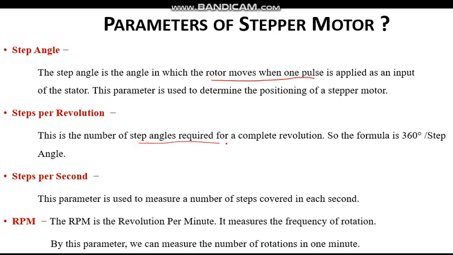Steps required to complete one rotation is called as step revolution. The steps per second is used to measure number of steps covered in 1 second, and RPM means revolution per minute. It means frequency of rotation. So by this parameter we can measure the number of rotations in 1 minute.